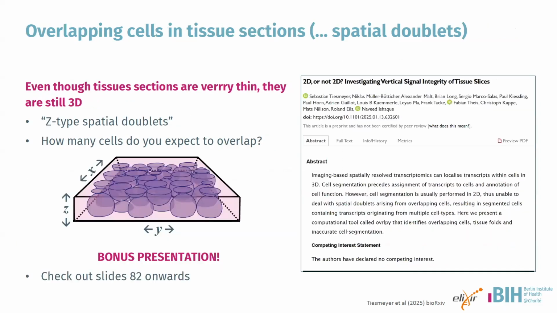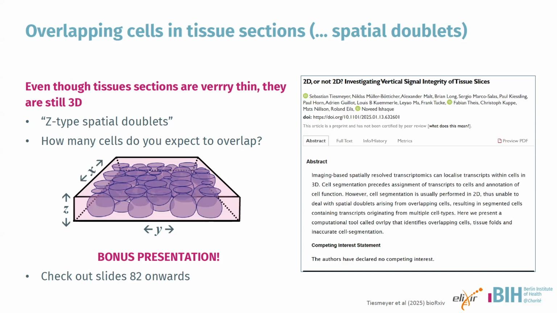Whereas in reality, a tissue section is not 2D. It's 3D. Very, very thin 3D, right? So this is either 5 microns or 10 microns. But if we know an average cell is 10 to 15 microns and you have a 10 micron slice, it's pretty naive to assume that every cell is perfectly adjacent to every other cell at the exact same level.